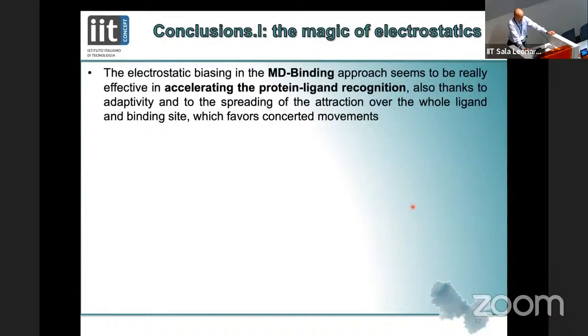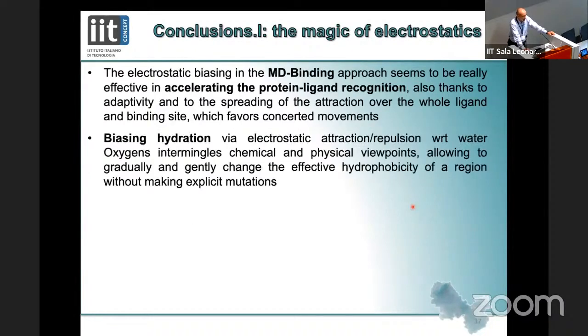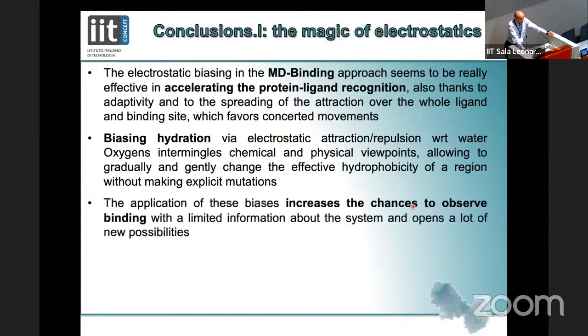So to finish, let's say the survey of the past: by tweaking electrostatics, you can observe very many things related to biomolecular processes, especially protein-ligand recognition and similar phenomena.